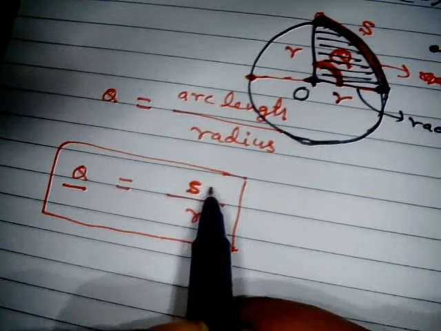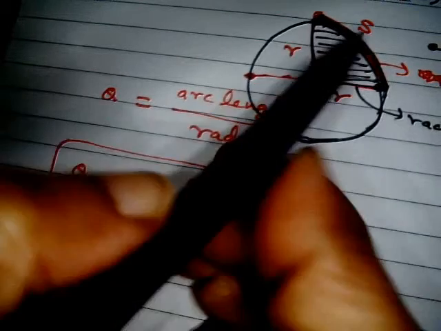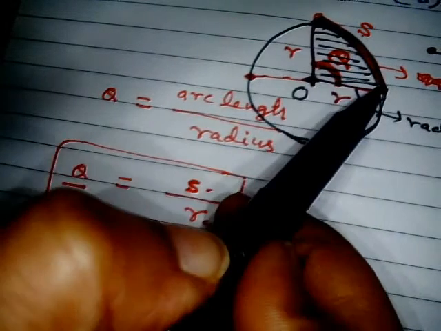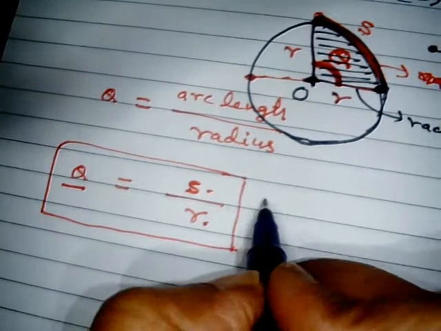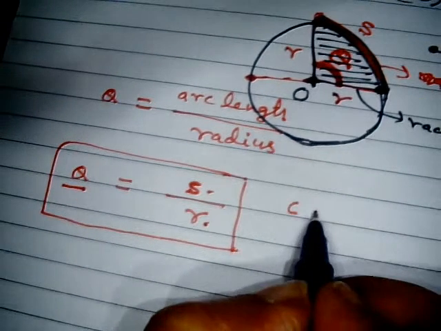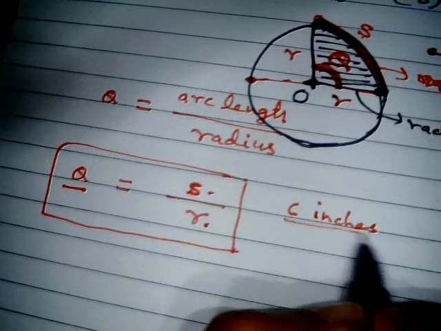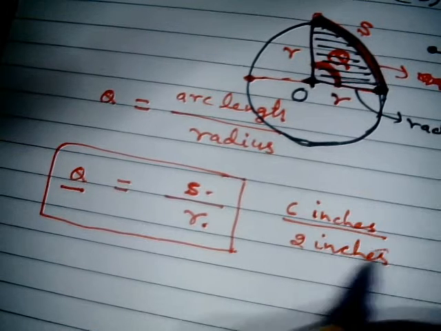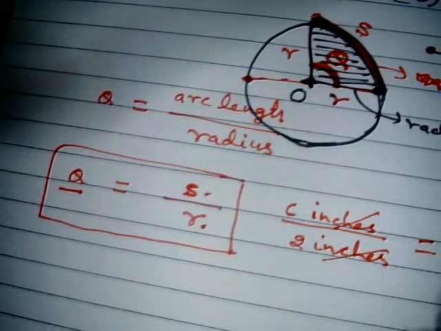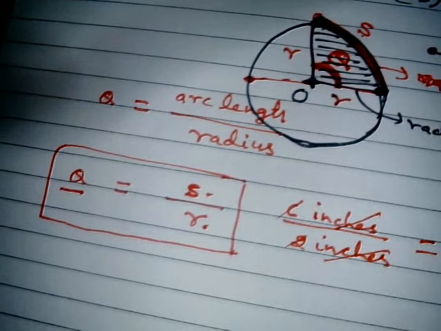Suppose S is 6 inches long and R is 2 inches long. The inches cancel out, so this becomes unitless. When theta is unitless, it is measured in radian.